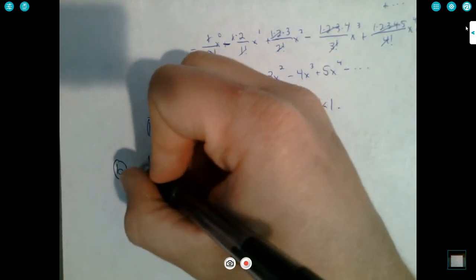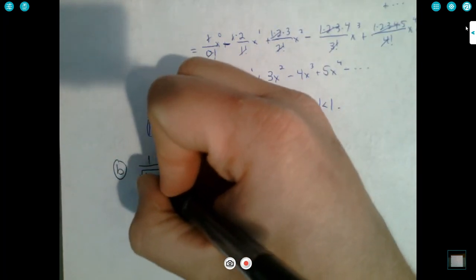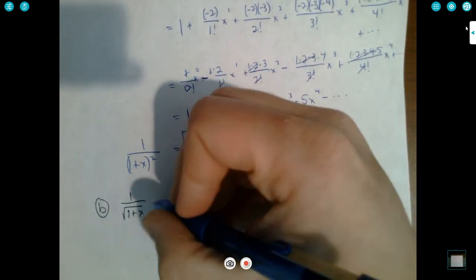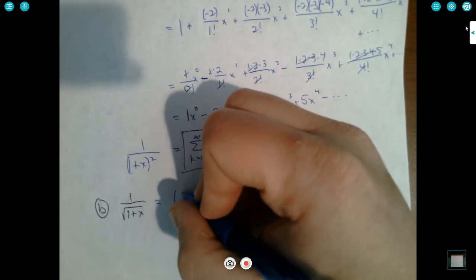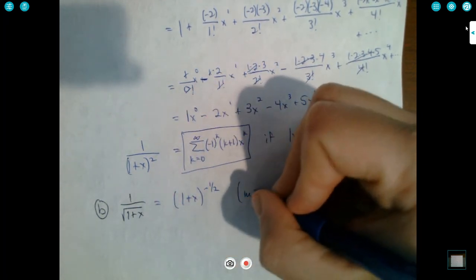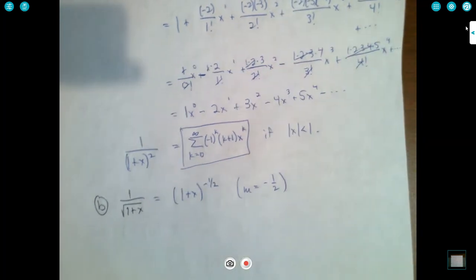Let's do this for 1 over the square root of 1 plus x. This thing would be (1 plus x) to the negative 1/2. So m is negative 1/2 here, right?